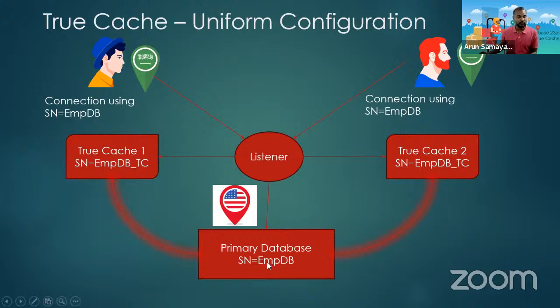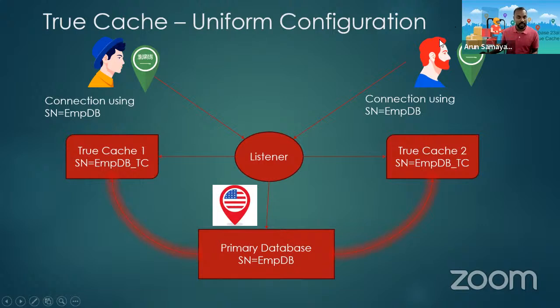Imagine we have our primary database sitting in the US region, and there are product teams or application teams sitting in the Saudi region trying to access this data. For better read performance and analytical performance, we can set up two different TrueCaches as well.